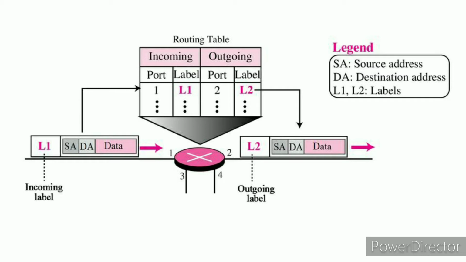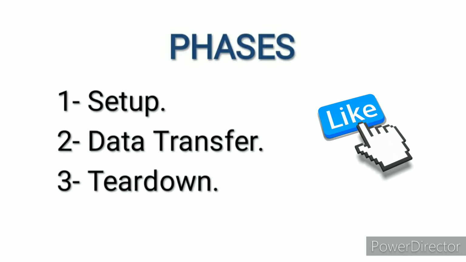In incoming port, we have a port number and label, in this virtual circuit label or VC label. In outgoing port, we have a port number and we will assign a different VC label to that particular packet. That is the main function of your router in the virtual circuit approach.